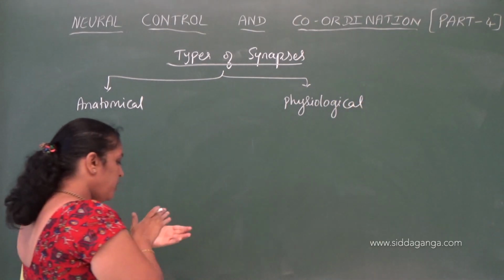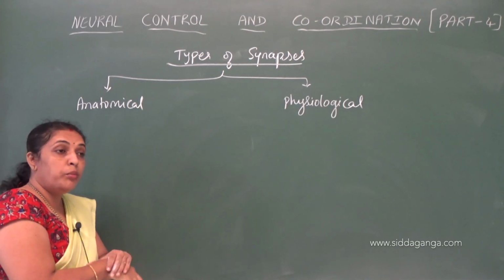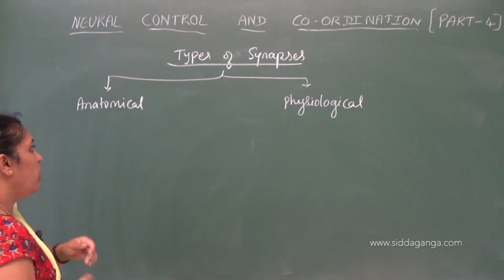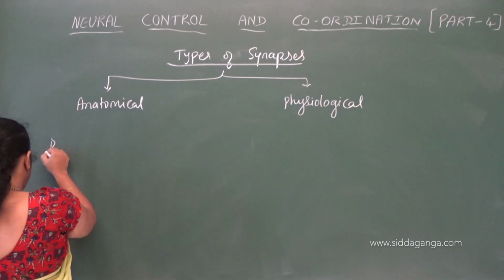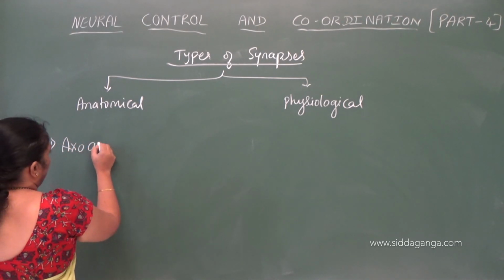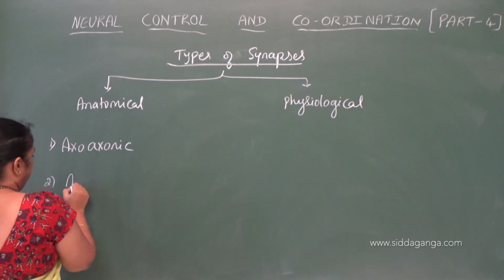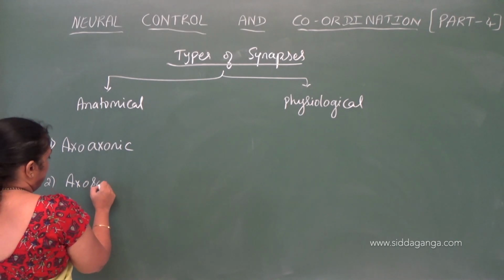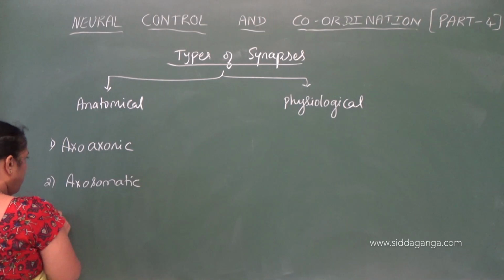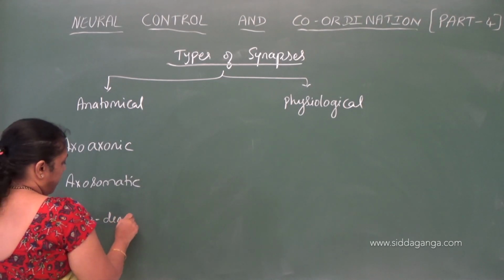Synapses are divided into two types, anatomical and physiological. Physiological is very important. Anatomical has three types: axo-axonic, axosomatic and axodendritic.